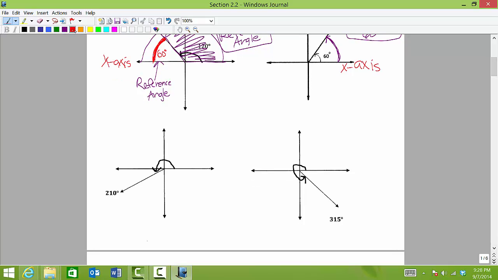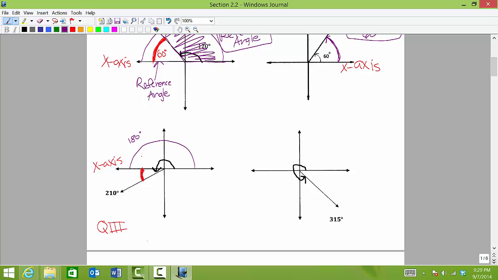Okay. Now let's look at this one here. In this one, 210 degrees, we live in quadrant 3. And what we're looking for here is the positive distance between, once again, the nearest x-axis and the terminal side of that angle. So I would like to know, what is this distance right here in red? Well, I want my distance to be positive. I want that reference angle to be positive. So we always do larger minus smaller. Now, if we think about it, if I go all the way from here to here, once again, that's 180 degrees.